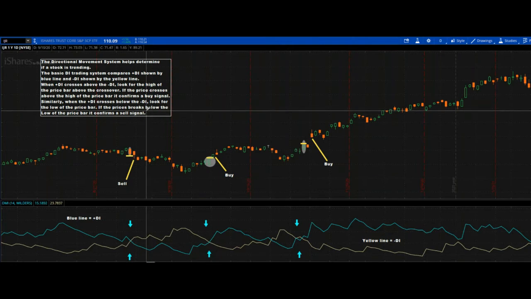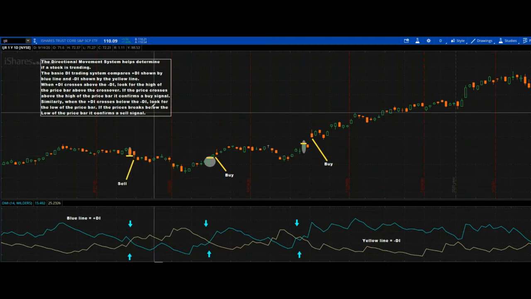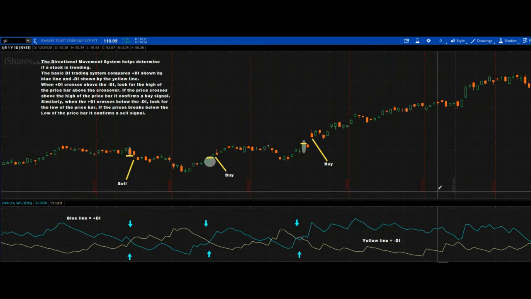If the prices break below the low of this bar, the low of the price, which is right here, it confirms a sell signal. So the moment prices break below this, it becomes a sell signal.